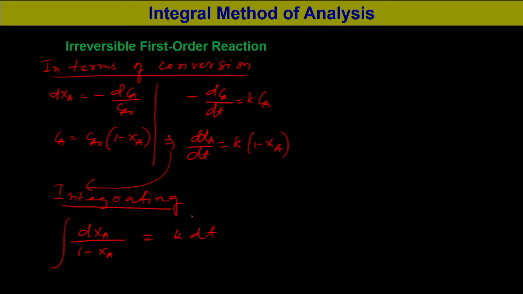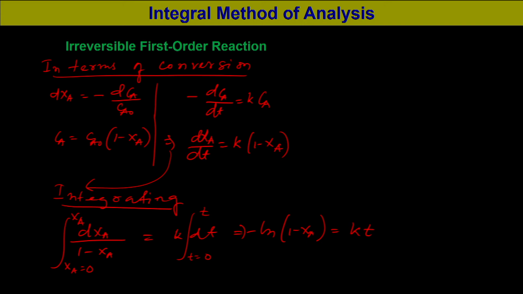Now, if we integrate with a limit when t is equal to 0, the conversion X A is 0, and when t is equal to t, the conversion is X A. So, if we integrate this, this would be minus ln 1 minus X A would be equal to k t.